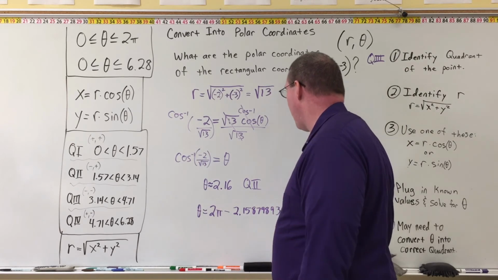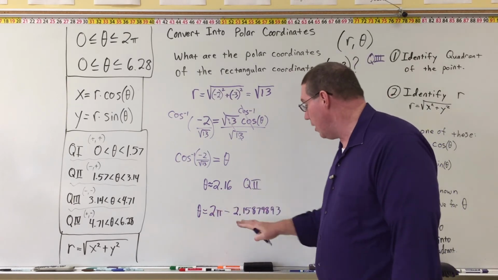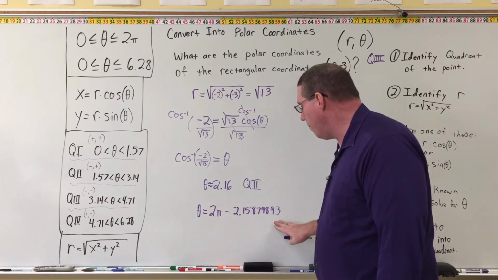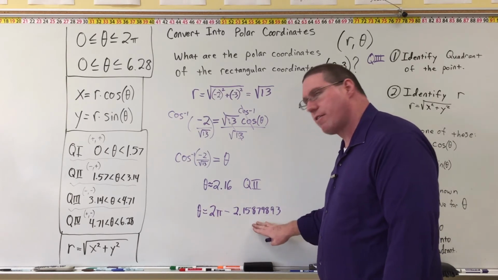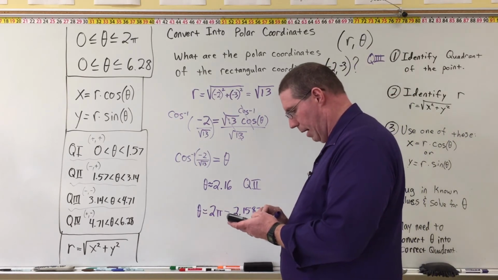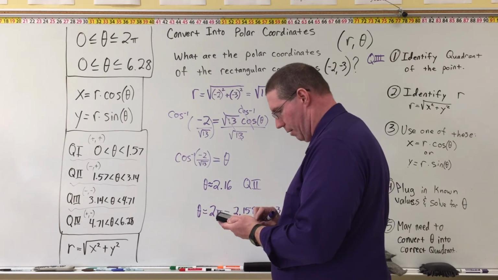Why are you doing that, Mr. Ryan? Why can't you just do 2 pi minus 2.16? Well, it's because we don't want to use a rounded number. We want to get as precise a number as possible and then round that number.